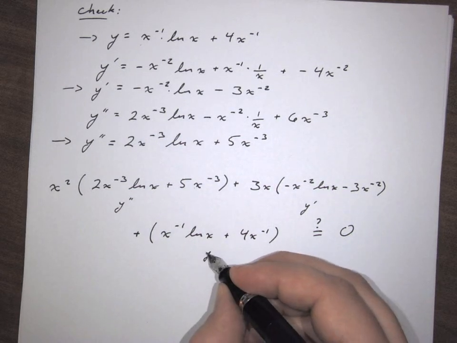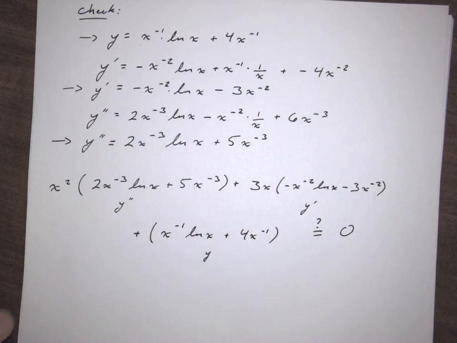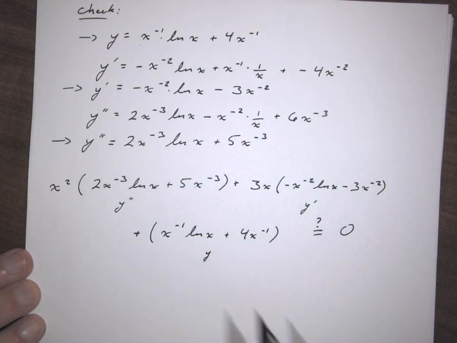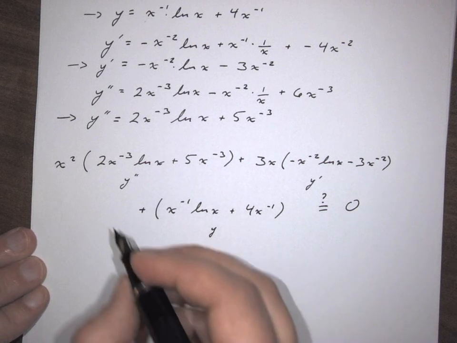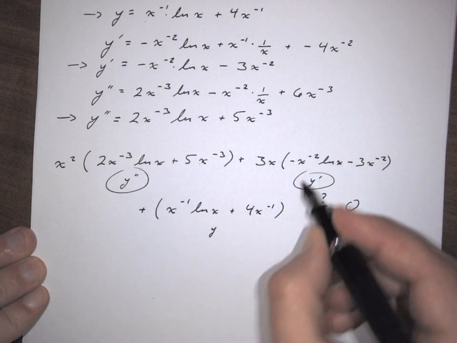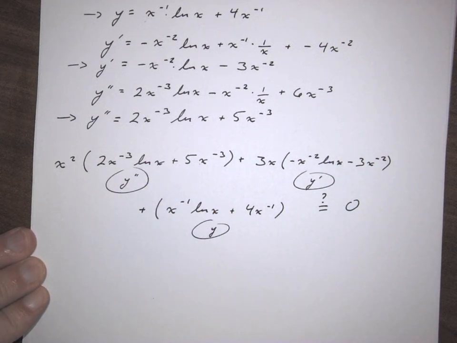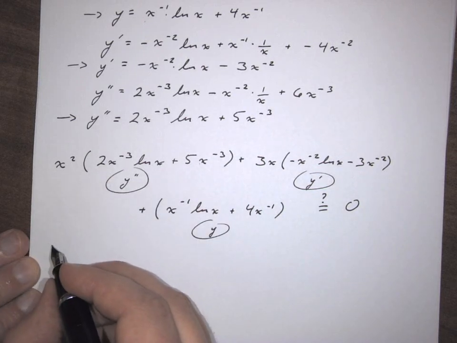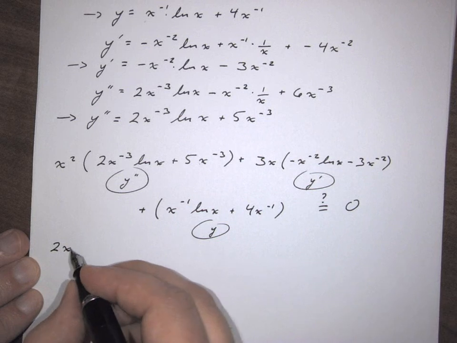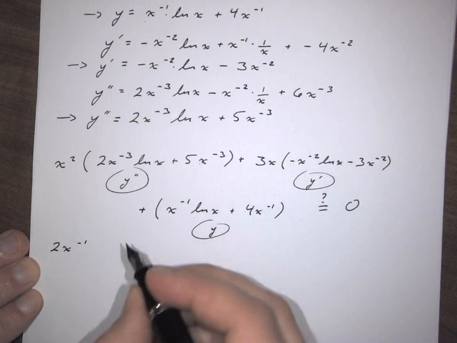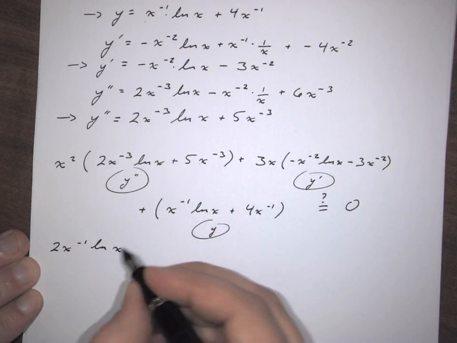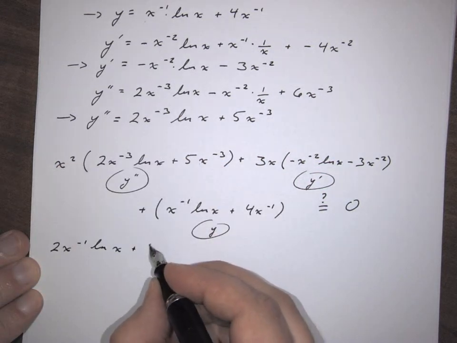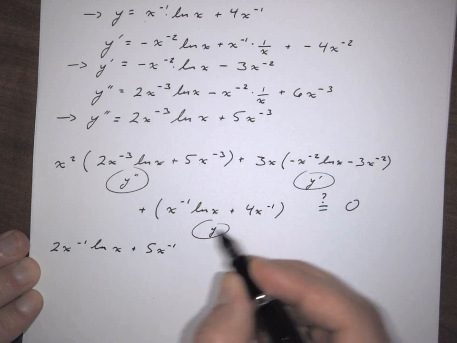So we have the three pieces in play here. And we will do the necessary amount of algebraic simplification and see what we get. So those are the three y pieces. So the x squared, we distribute that throughout, and we have 2x to the negative 1 ln x. We have plus 5x to the negative 1.